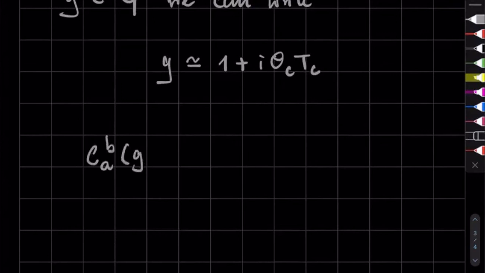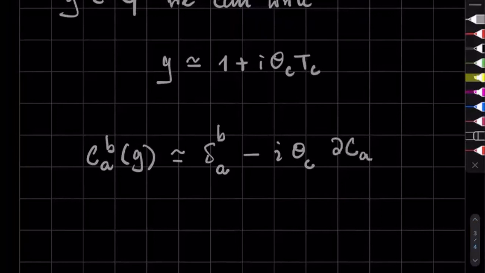The first term, of course, is going to be the identity, and then we're going to have minus i theta^C times the derivative of C_AB with respect to theta^C, plus dot, dot, dot.